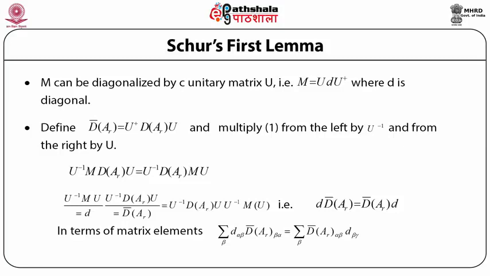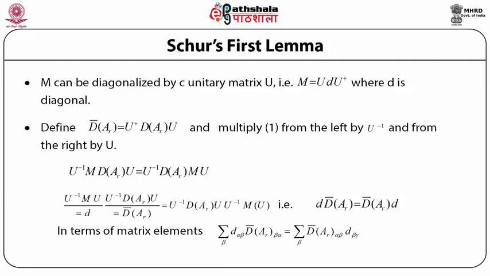When we do that, the left hand side is U⁻¹ M D(A_R) U, which can also be written as U⁻¹ M D(A_R) U. By introducing U U† between the matrix M and D, it can be written as U⁻¹ M U times U⁻¹ D(A_R) U. And now U⁻¹ M U is D, that is the diagonal matrix D, and U⁻¹ D(A_R) U is equal to U† D(A_R) U, which is D bar.